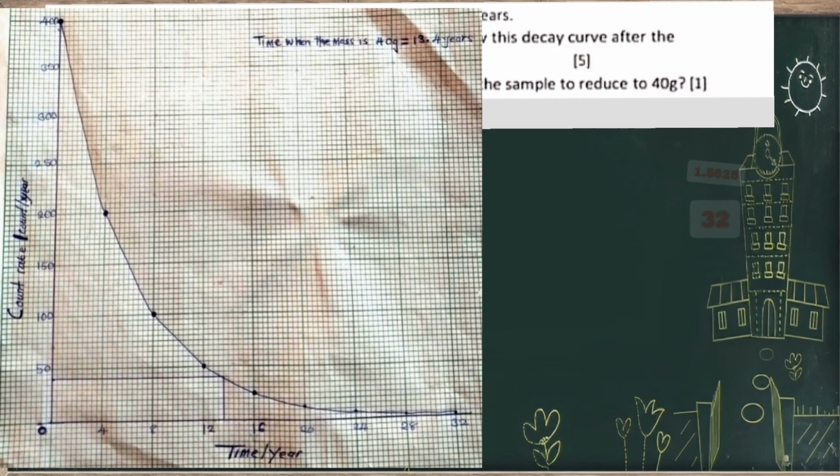Then the next one is going to be 12.8, followed by 13.2. Then the last one is going to be 13.4. Now since here I'm looking for the time, so I'm going to say the time when the mass is 40 grams is equal to 13.4 years. That's all. Thanks for watching.